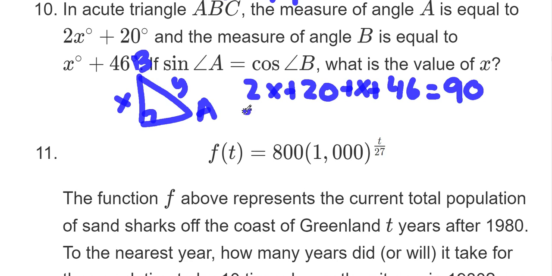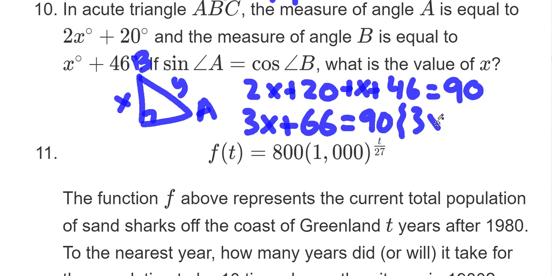So we get 3x plus, 20 plus 46 is 66, equals 90. Let's subtract, so I get 3x equals 24. So x has to be 8, okay?